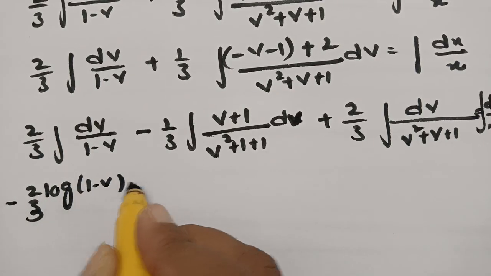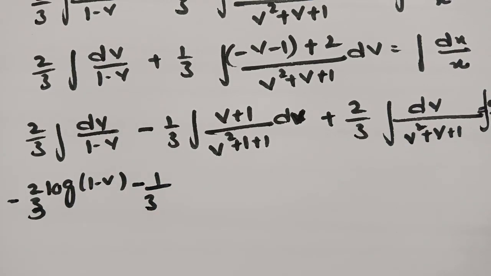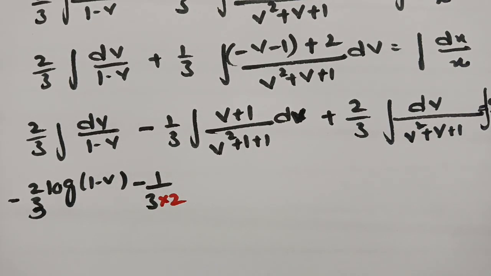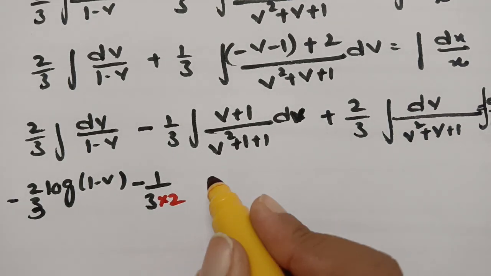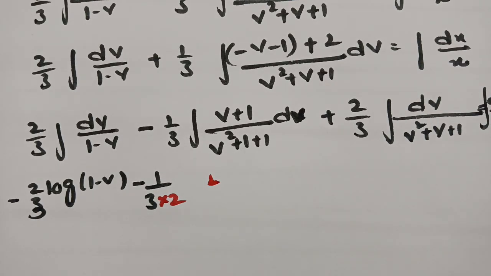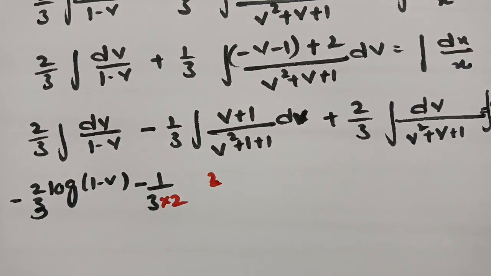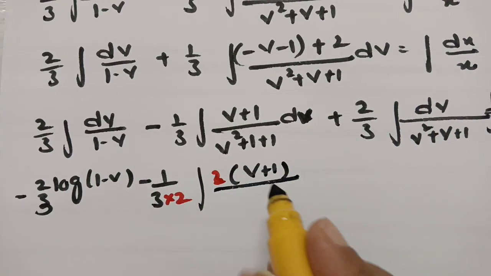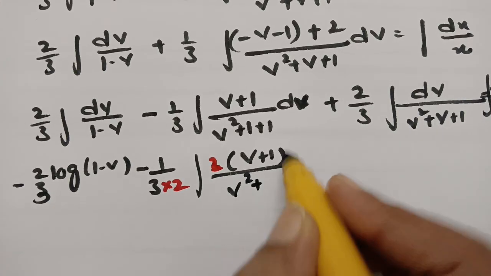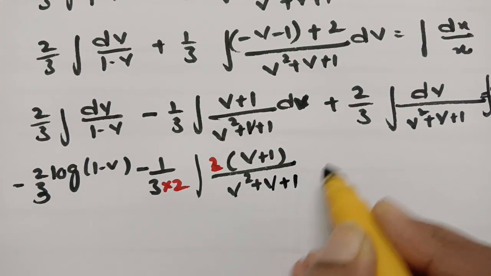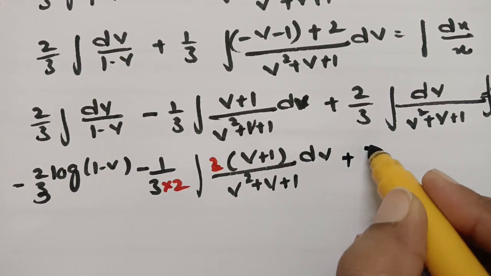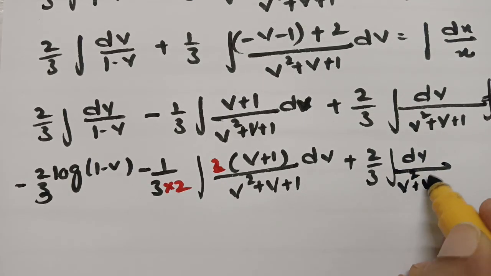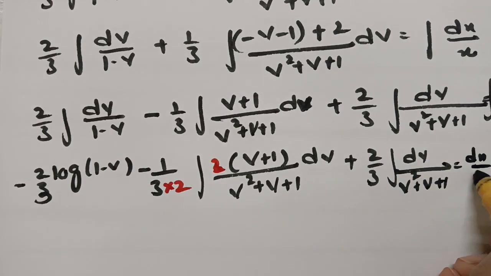And the next one, for this 1 by 3 times of, now I am going to multiply with 2. If I multiply with 2 and see, in the numerator also, for balancing I am multiplying with 2 and see, this is going to become 2 times of (v plus 1) by (v square plus v plus 1) into dv, and this is again 2 by 3 times of dv by (v square plus v plus 1), which is equal to dx by x.